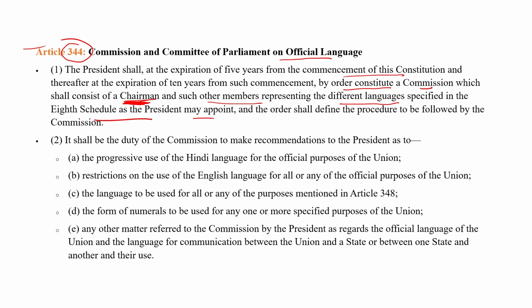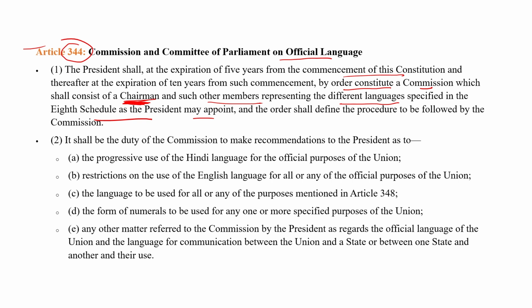So the President by order can form a commission or a committee after 5 years or 10 years from the commencement of the Constitution. The committee must consist of a chairman, and there will be some other representative members of the other official languages specified in the 8th Schedule.